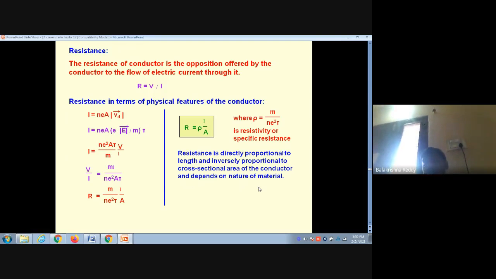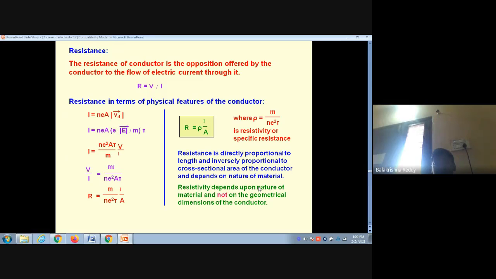Resistance always depends on its length, is inversely proportional to the area of cross section, and also depends on the material we are using. Copper is different, and tungsten has a different resistance. In the same way, with respect to temperature, its resistance will change.